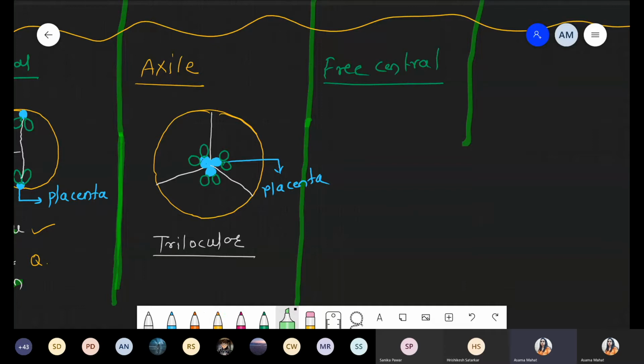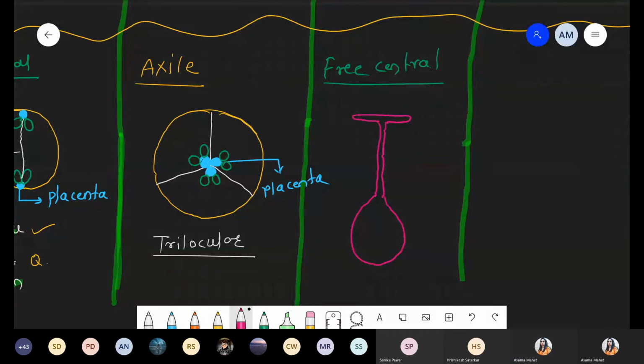Now we are talking about free central. First of all, we draw a typical structure of a carpel. These are the parts: stigma, a long elongated stalk-like structure that is the style, and at the base, the ovary.